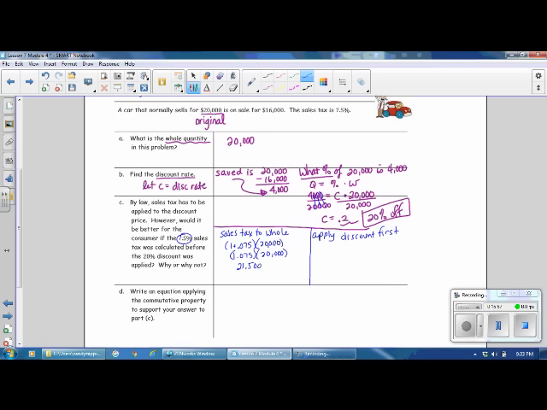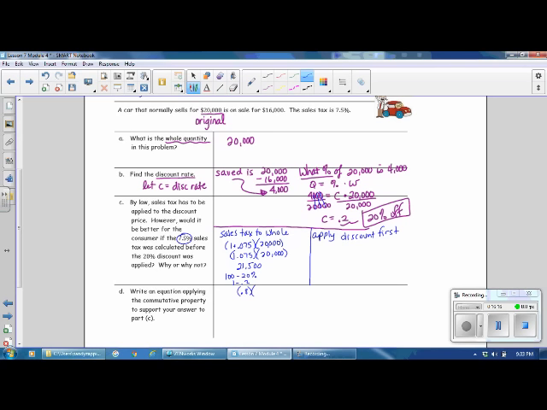Now we'll apply the discount to the new whole amount. So we have 100% minus 20% discount. So that's 1 minus 0.2, which is 0.8. And then we multiply that times the whole amount.